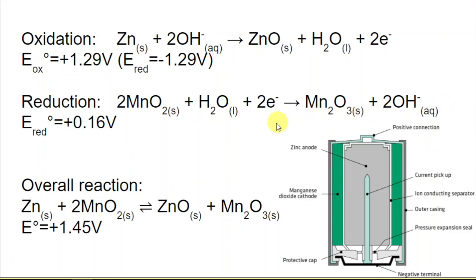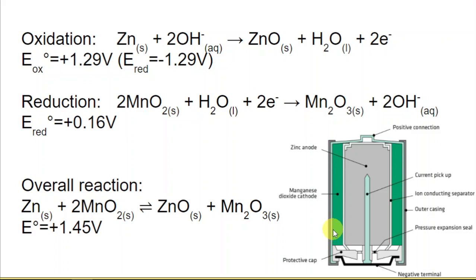So let's take a look at this diagram again. We can see that the battery will eventually die when there is not enough of the reactants, zinc or manganese dioxide, to continue the reaction. In other words, the system will be at equilibrium and the cell potential, or voltage, will be 0.